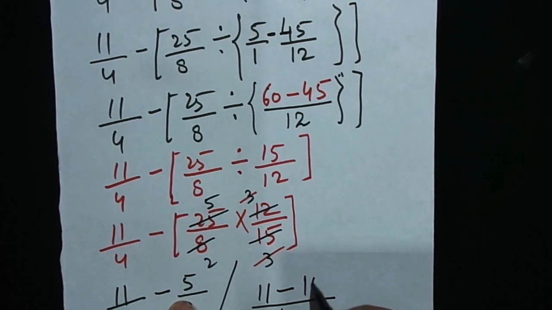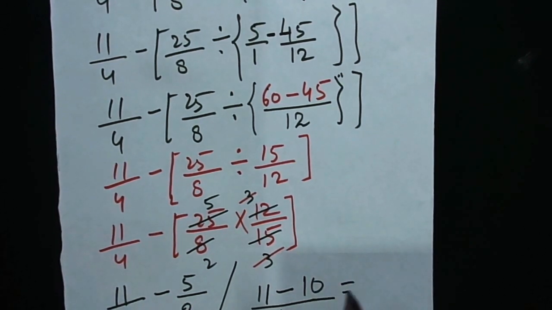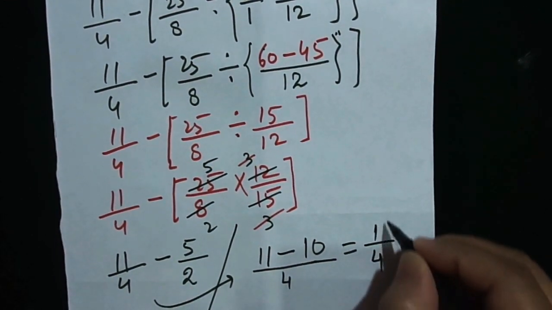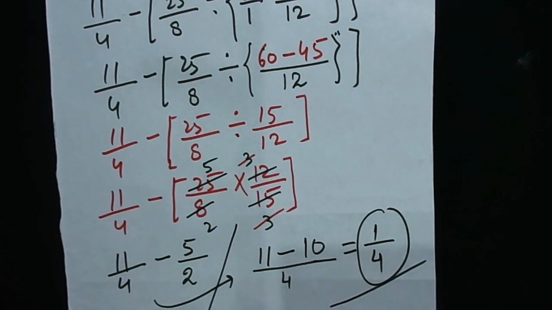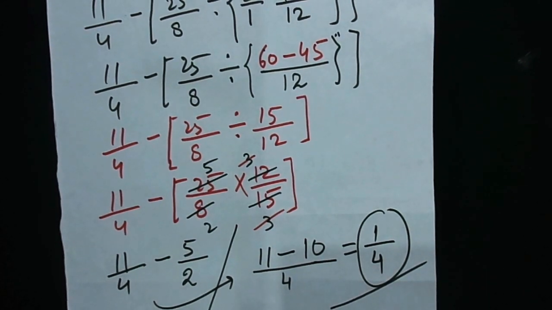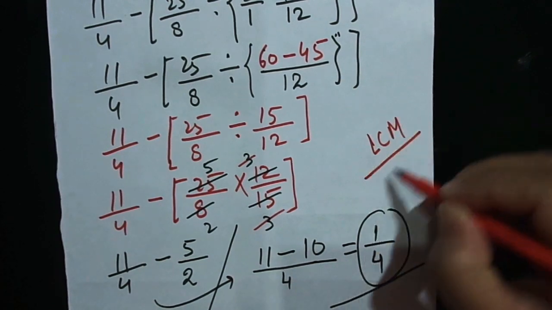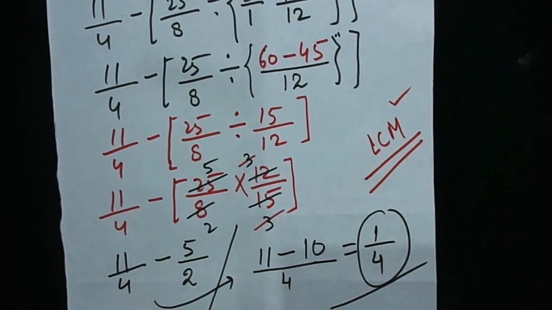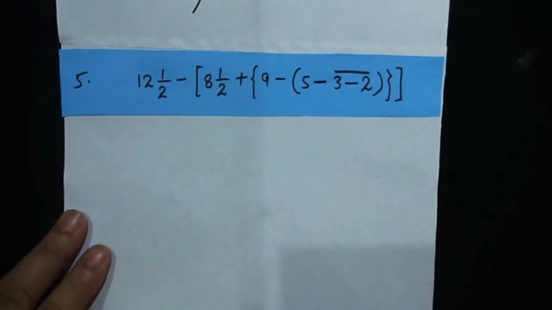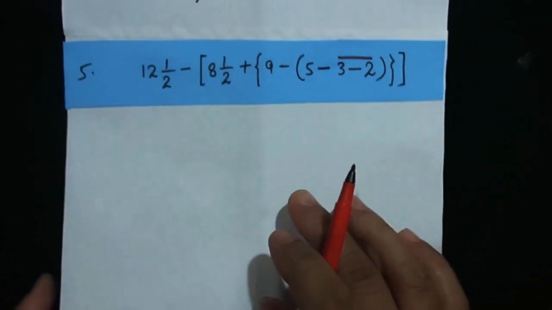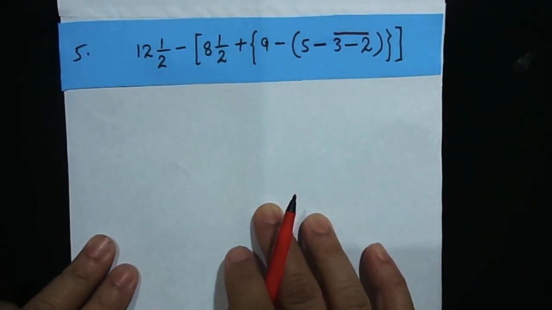So 5 2 times 10, and we get 1 by 4 as our final solution. So here we found that we had to take out the LCM a number of times.